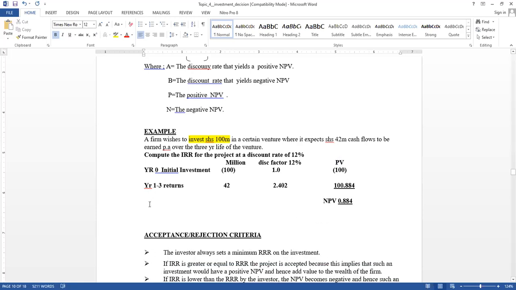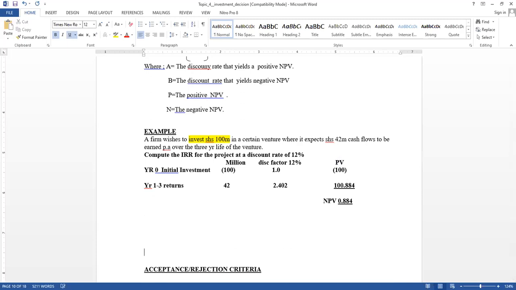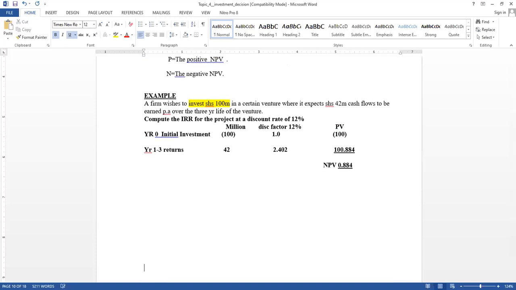Now, I need to estimate the rate which will yield for me a negative NPV. And since 12% has given me a positive, by increasing this rate further, I will be able to get my negative NPV.